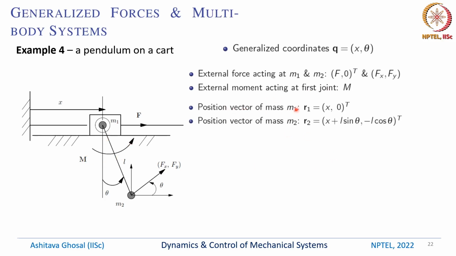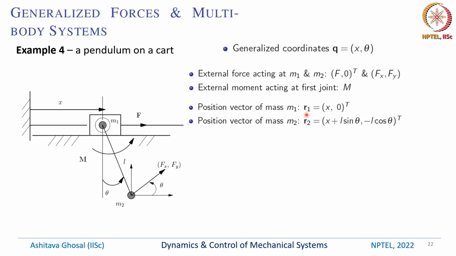The position vector of this mass m1 is x, 0. You can see clearly, so this is 0, 0, this is x, 0. The position vector of mass m2, which is r2, is x plus L sin theta. This perpendicular distance is L sin theta, and the y coordinate is minus L cos theta.